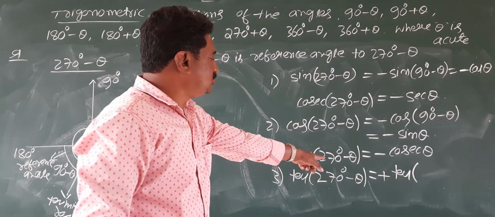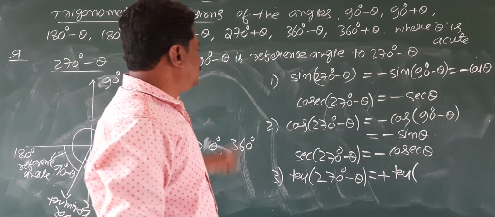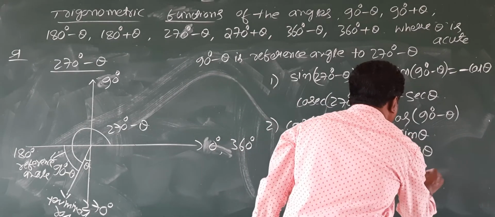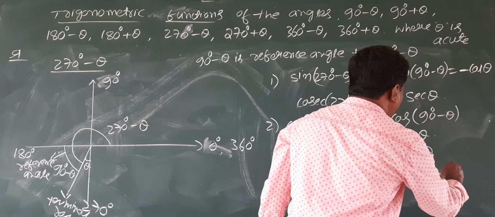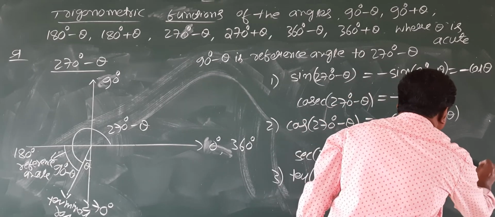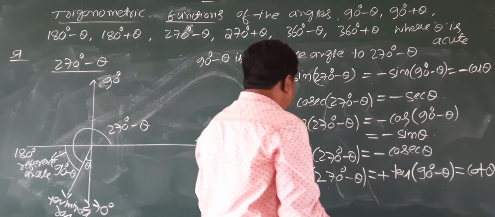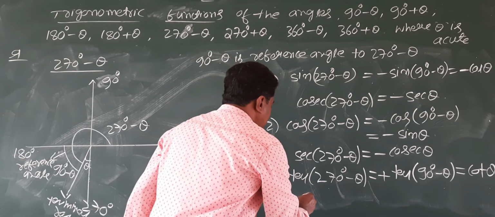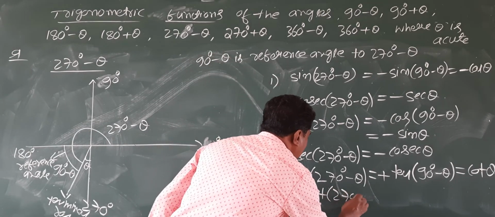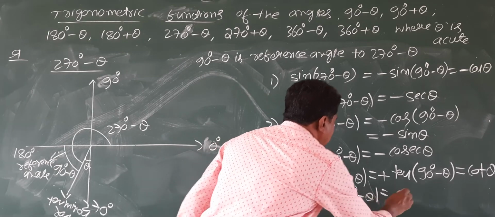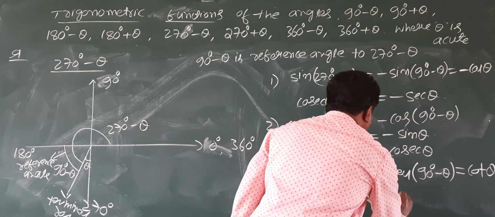The angle related to 270 degree minus theta is 90 minus theta. So tan 90 minus theta is cot theta. Reciprocal of tan is cot. 270 degree minus theta: reciprocal of cot is tan.